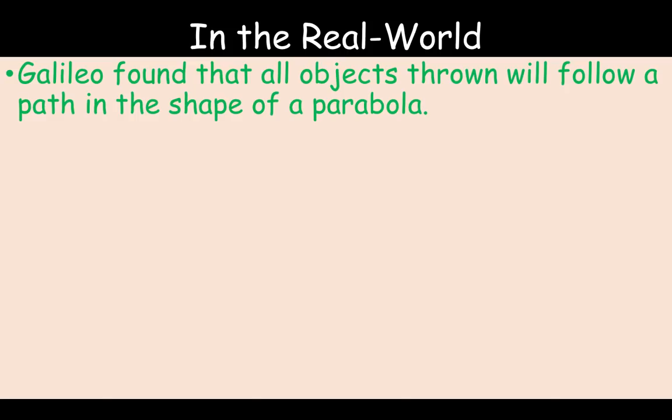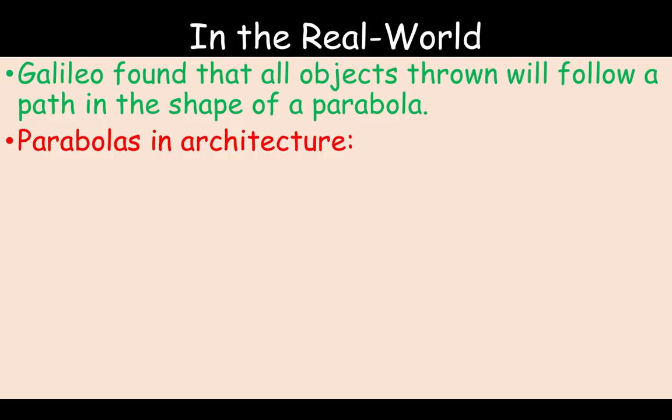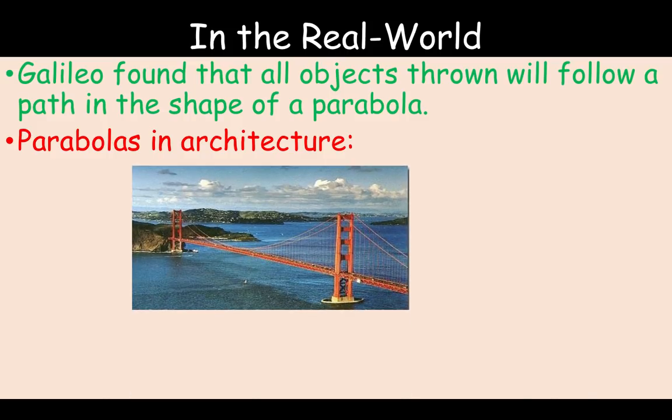Galileo found that all objects thrown will follow a path in the shape of a parabola. Parabolas are also in architecture, such as this bridge. Of course, parabolas and quadratic functions are useful in the real world, especially if you want to be a builder, or if you want to study any of that. That's the usefulness of it.